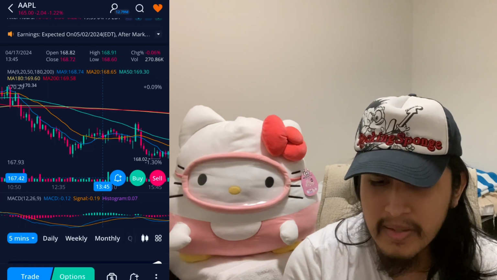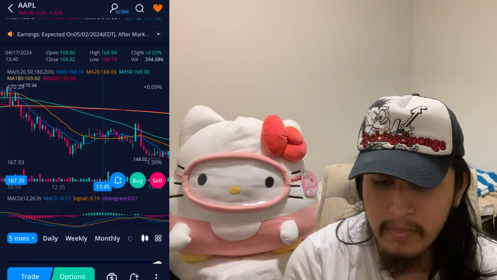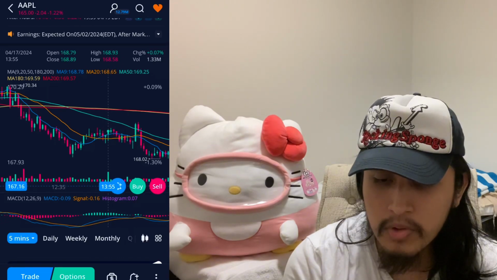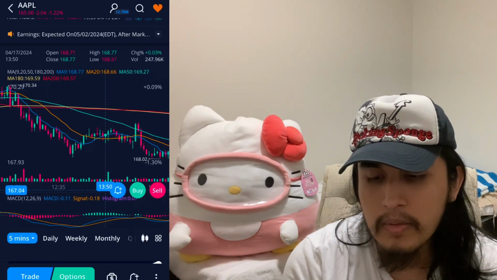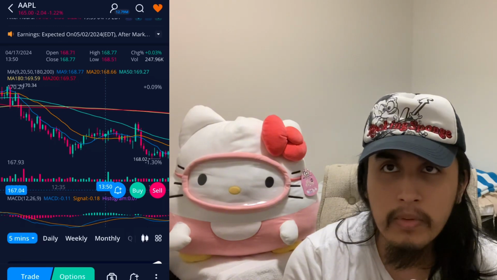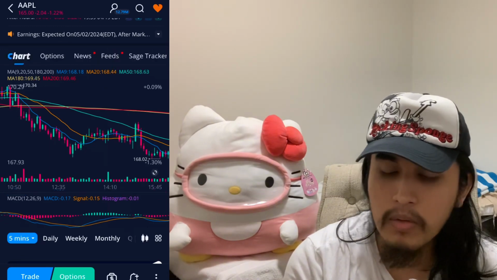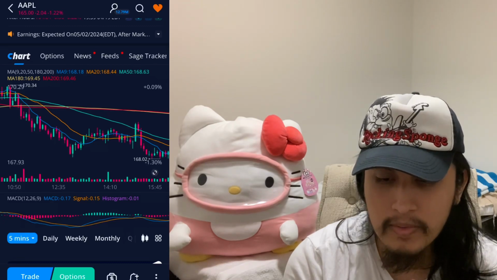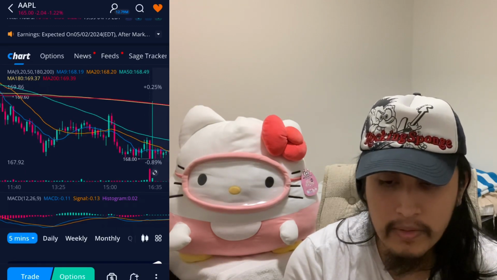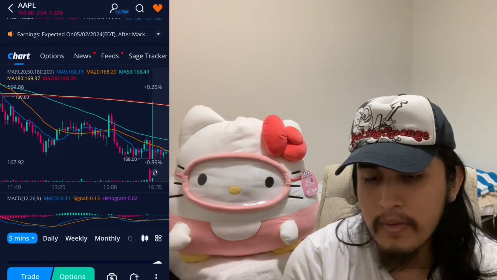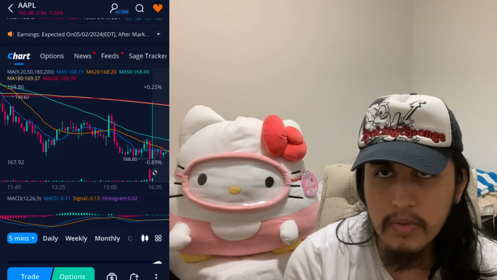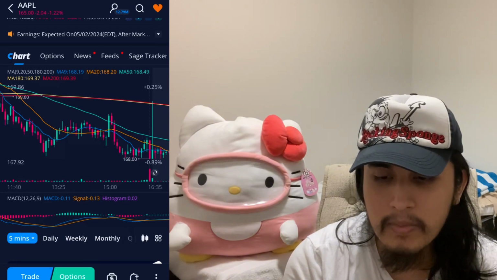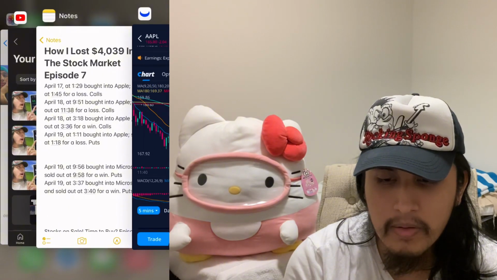Part of the reason was that I really wanted it to touch the 50-day moving average, and since I was seeing no momentum in Apple, I thought it was just going to be stuck in this range the whole day, so I might as well not stick with Apple any longer. That's part of the reason I lost money there.